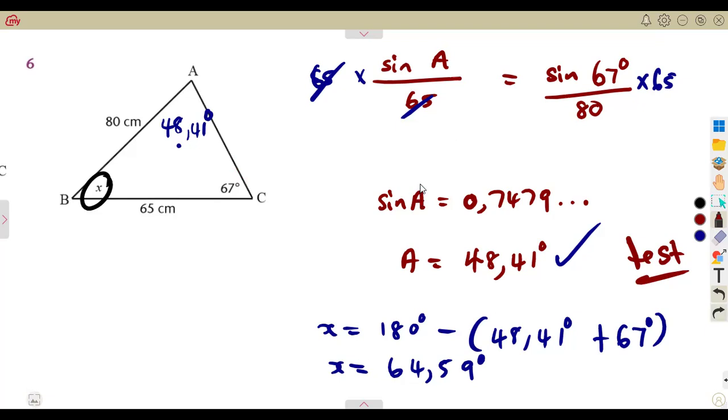Once it gives you a direct 180 or more than 180, that is totally wrong, because we know that all the three angles in a triangle must add up to 180, not two angles, but the three angles. So if you take this angle, you add to this one, it gives you more than 180 or equal to 180. It means that angle is not part of your solution. So that's how you test it.